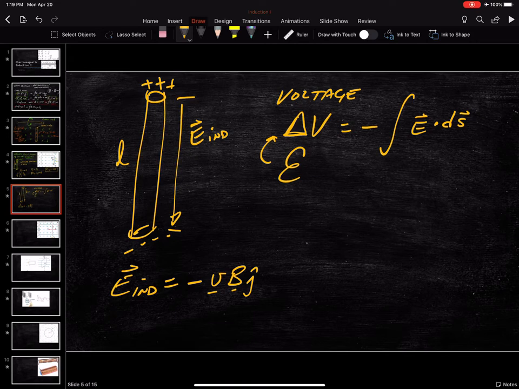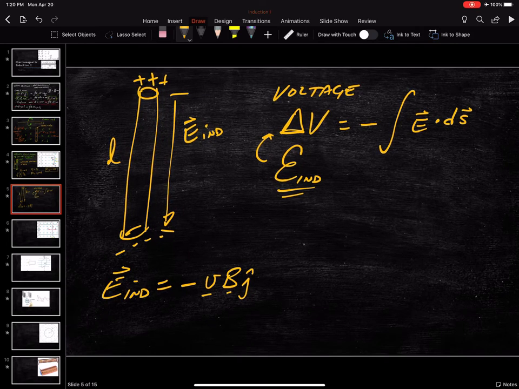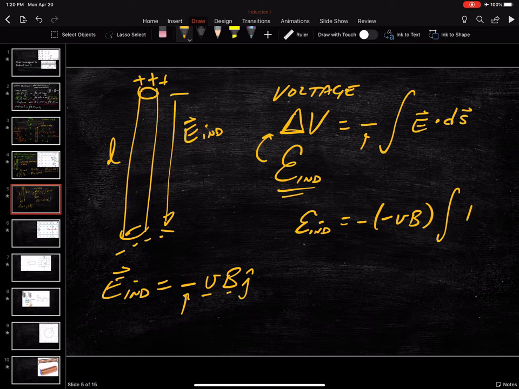So I'm going to write my E induced. Okay, again, this is like a battery. So I'm kind of making a battery here. My E induced will be minus a minus VB, minus from here and then also minus from here, integral, well, dy from 0 to L. Okay, why?